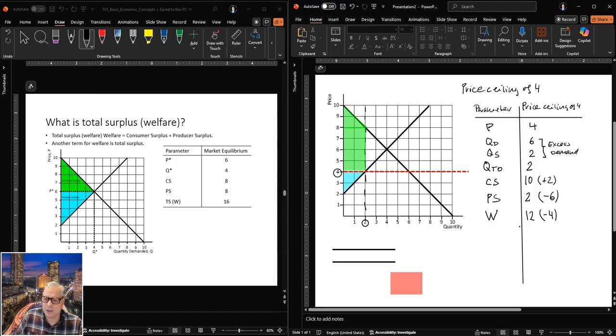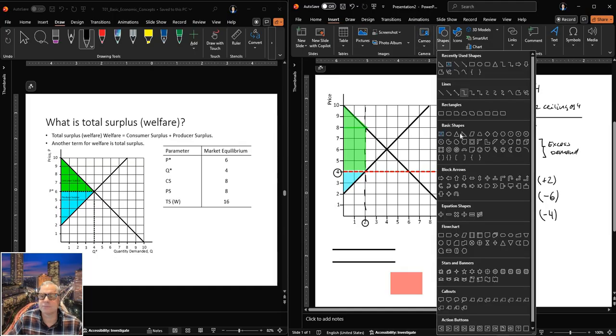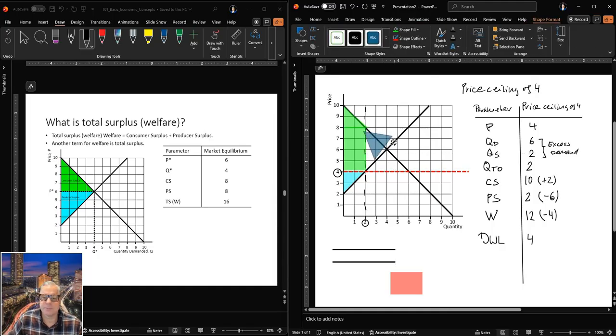So the deadweight loss is 4. DWL, that's the deadweight loss, and that is 4. And of course, graphically, this is this triangle here.